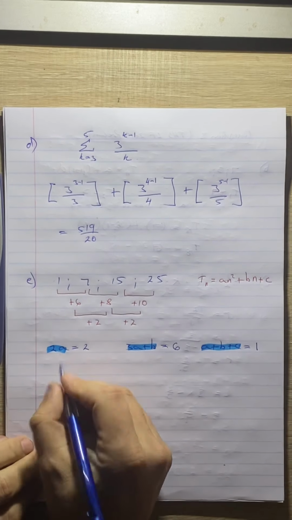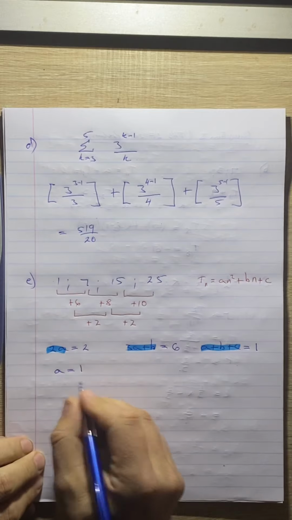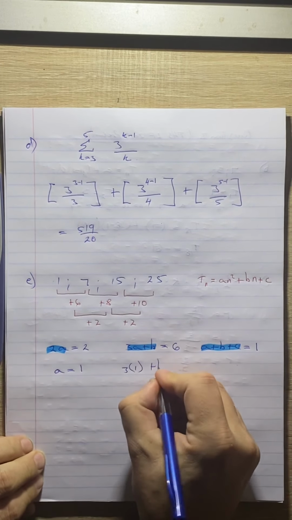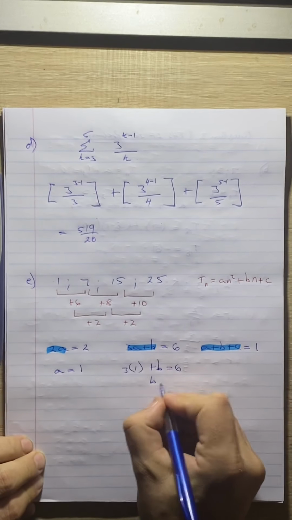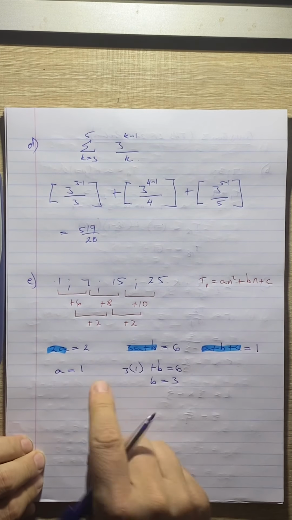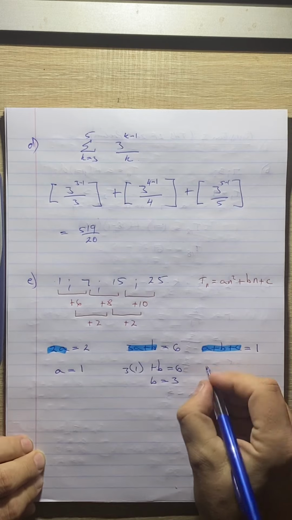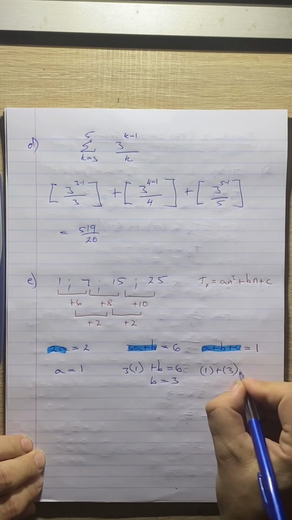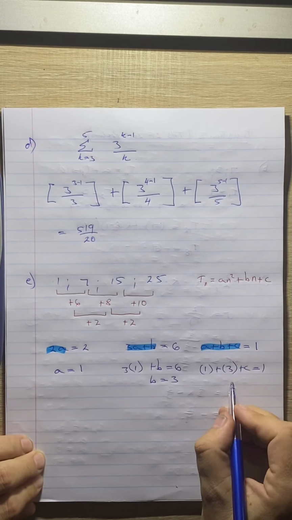So here I can solve for a. A is equal to 1. I'm going to take this a, plug it in here, and we get 3 times 1 plus b equals 6. So b is equal to 3. Take our a and our b, plug it in here, and we get 1 plus 3 plus c equals 1.